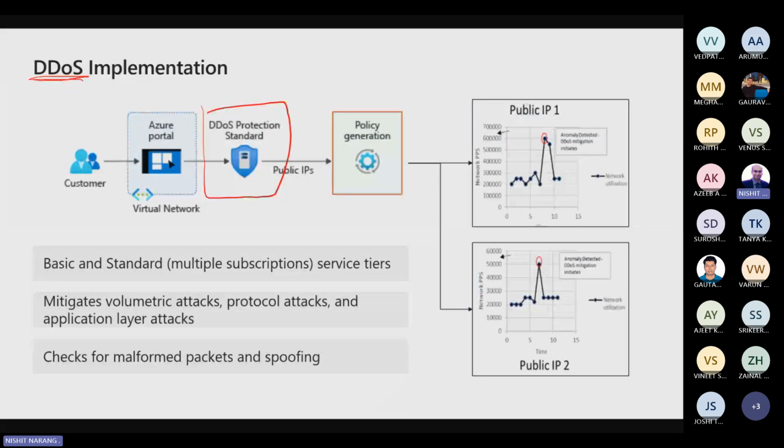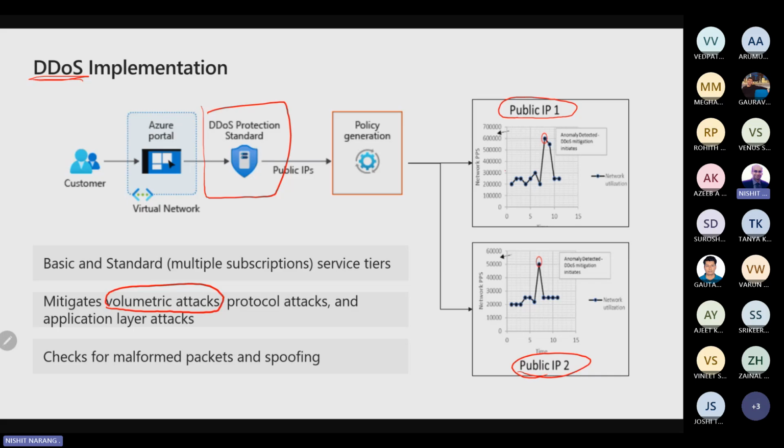So let's say there are two public IP addresses assigned to your VPC, public IP1 and public IP2. The DDoS protection standard is actually monitoring the traffic being received on your public IPs. This is like the behavioral analysis that I talked about in IDPS. Behavioral analysis is actually all about detecting volumetric attacks.